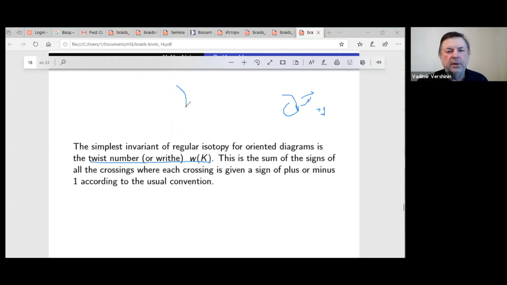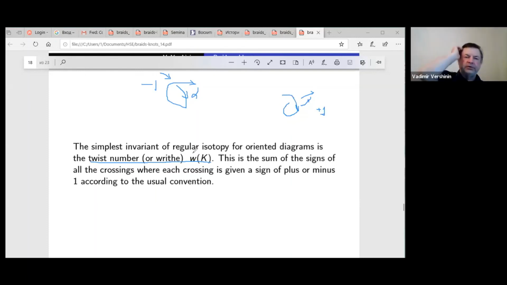And the rise of this? You have now a rotation in the negative direction, so you have rise -1.